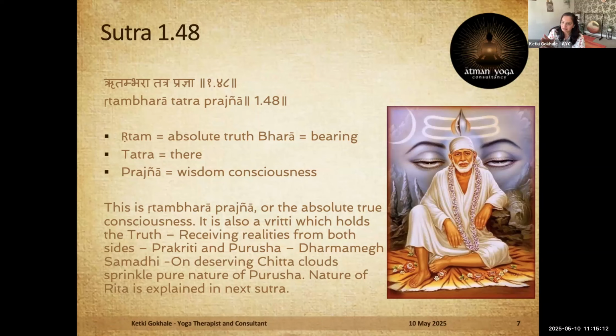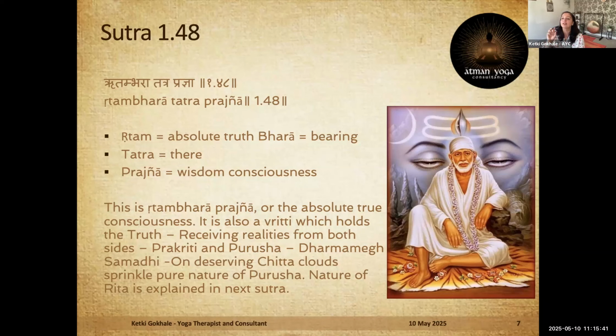But again, this is Prajna, so it is also termed as one of the vrittis. It is the highest state of intelligence. Okay, it is also a vritti which holds the truth, but it is a helping or supporting vritti. This vritti is not distracting.